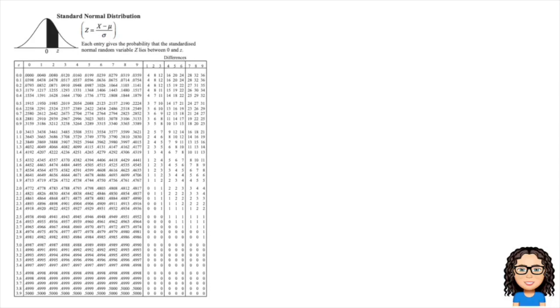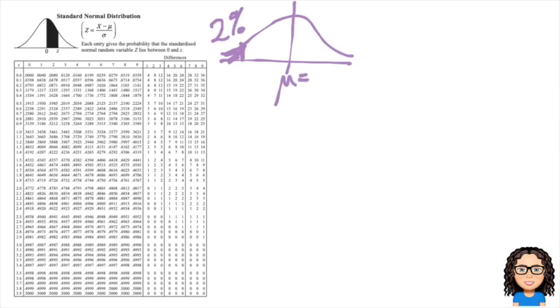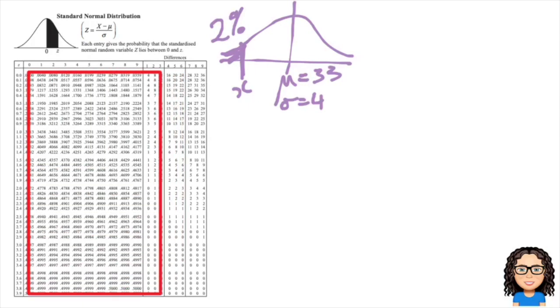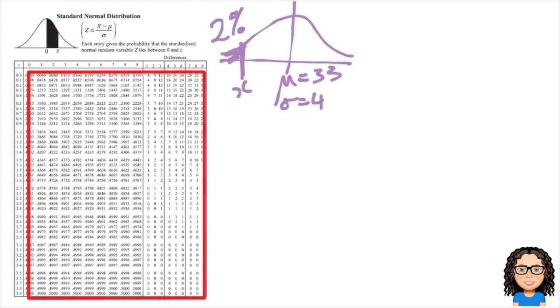Let's have a look if we were doing this using the table method now. So remember, we're talking about this tail here being 2%, with a mean of 33 and a standard deviation of 4. And we're trying to find that value there of x. I do know that all of the values in here are the probabilities, and the values around the outside are the z values.